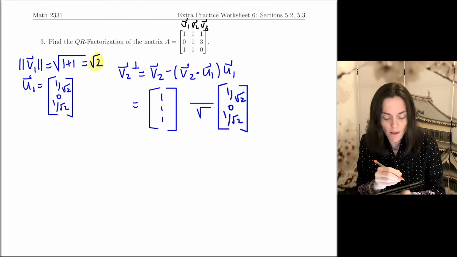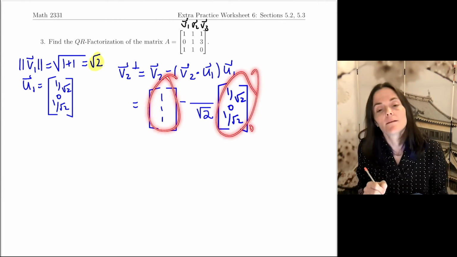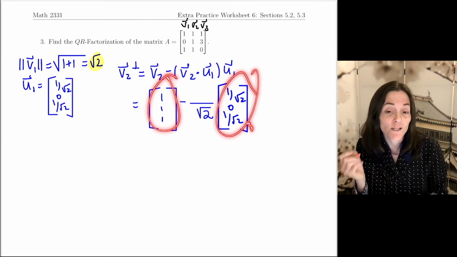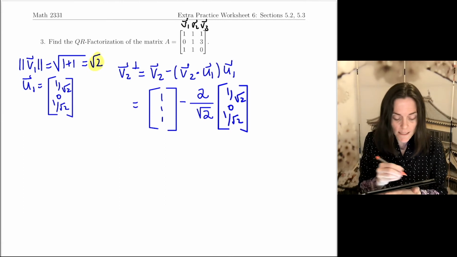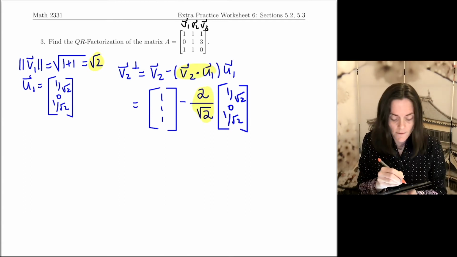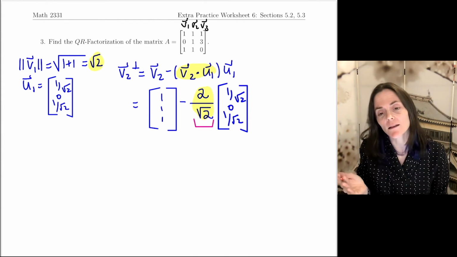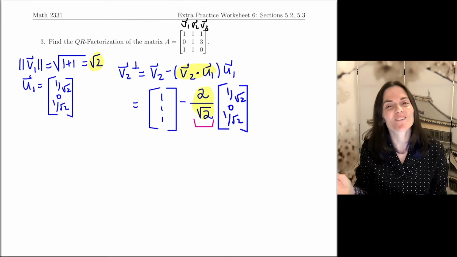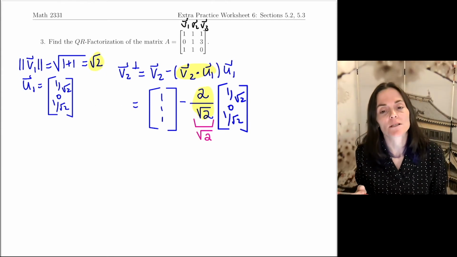It will be something over the square root of 2. There's a minus sign. We just get 2. 1 plus 1. So this is the next number right here, which if you want to simplify, it's fine. You could multiply by square root 2 over square root 2. This is just the square root of 2. But this is my next number in my matrix R.